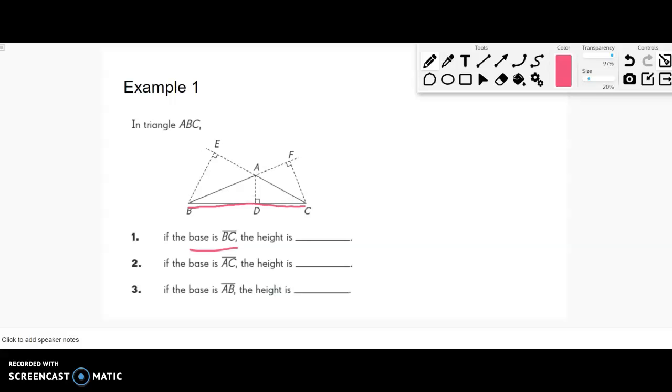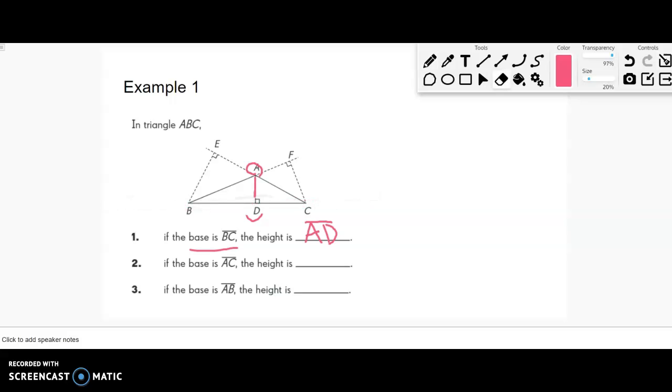Well, I need to find the line that's perpendicular to that. Okay, so imagine I extend it. What's perpendicular to this line? Well, this one is, and it goes from A to D, so I would say the height is AD. You can say DA. Usually we go in alphabetical order. Either way is fine with me.